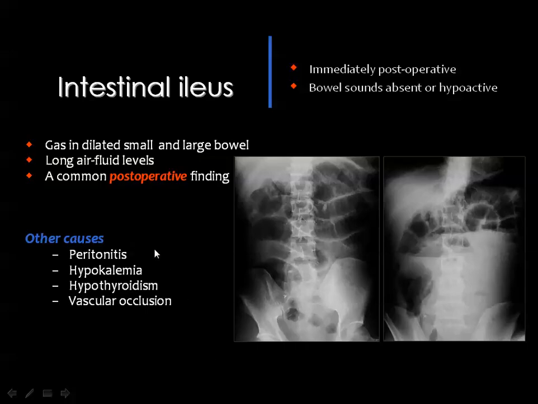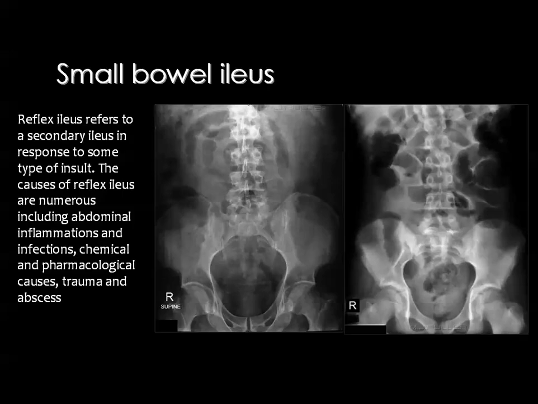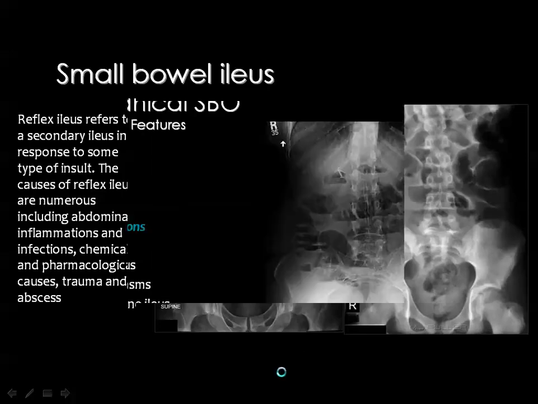Other causes of ileus include peritonitis, hypokalemia, hypothyroidism, and vascular occlusion, and these will result in functional obstruction of the intestine. Then in the supine film, you can see some gas shadows which can be attributed to a normal appearance, and in the erect film you can see some small air fluid levels, as you can see here.